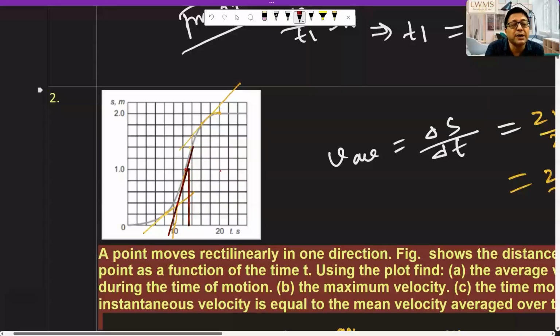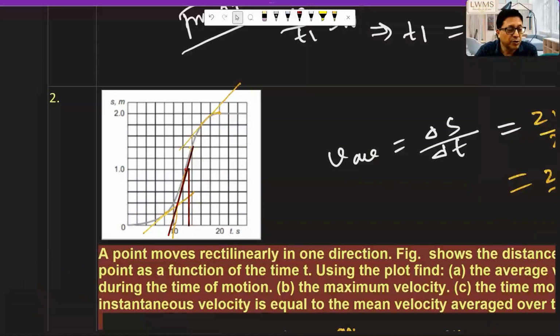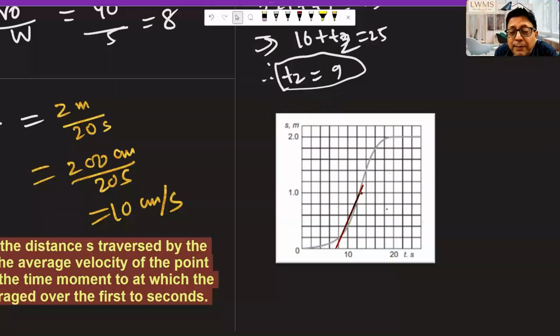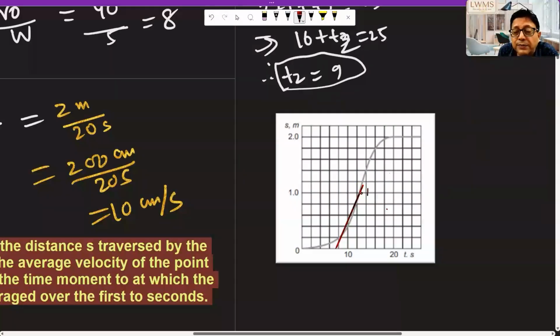Let me redraw. So velocity will be maximum where slope is maximum, I detected this point. Tan theta will be maximum here. See the approximate value. This thing is 100 centimeter and this part is approximately 4 seconds.